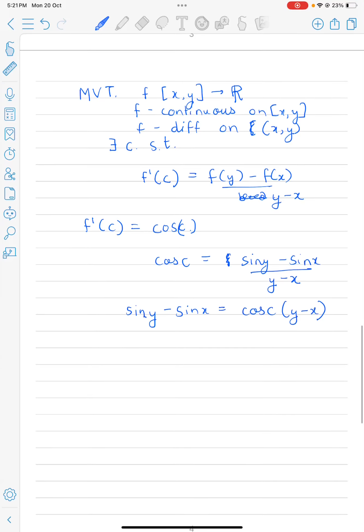Now if you take mod, this will be |sin y minus sin x| equals |cos c| times |y minus x|.